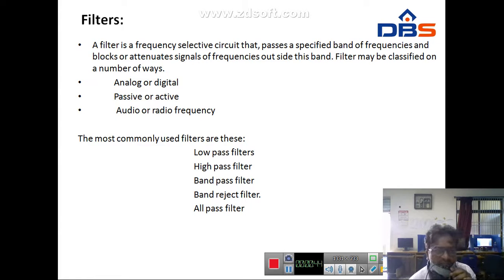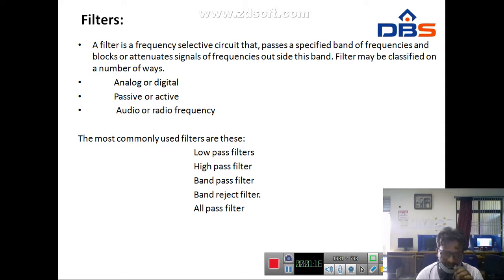Basically, a filter is a frequency selective circuit that passes a specified band of frequencies, and it blocks or attenuates signals of frequencies outside this band. A filter may be classified in a number of ways: analog or digital, passive or active, and audio or radio frequency.